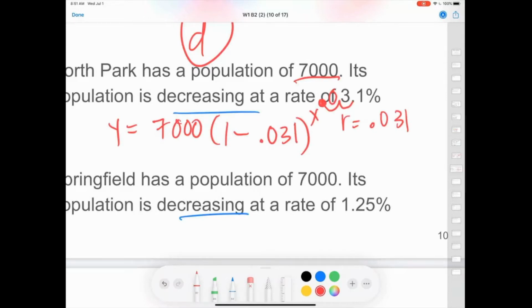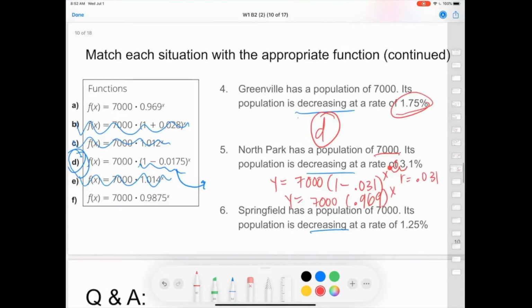So you can subtract 1 minus 0.031. And when you do that, you get y equals 7,000 times 0.969 to the power of x. Okay. And then obviously by looking at the choices, this is choice A, so I can cross that one out. And the only one left is choice F for the one at the end.